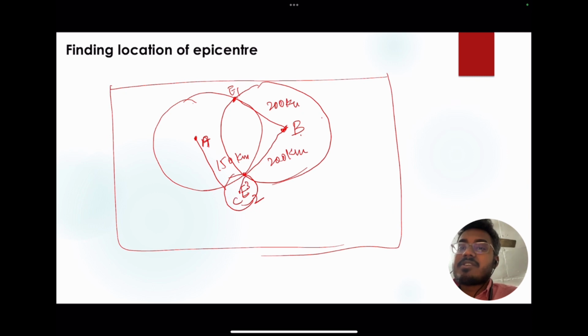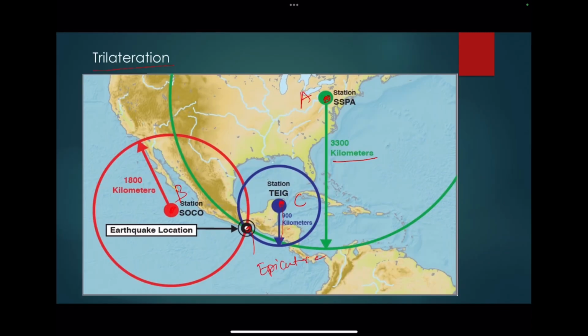Let's say this is 30 kilometers. So from the intersection point of these three circles drawn from three seismometers, we can find the exact location of the epicenter. This method is known as trial iteration.